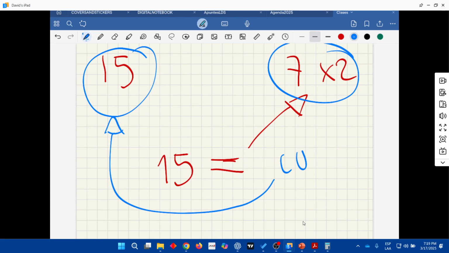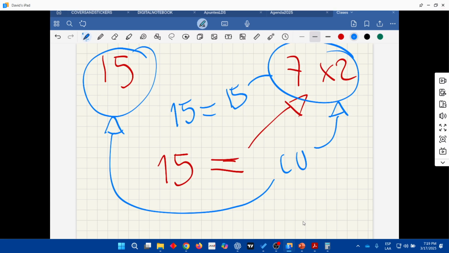Why? Because you type 15 first. Then you are going to multiply those numbers 7 times 2. So the control unit knows that this is the second activity that the computer is going to execute. Then you are going to compare if 15 is equal to this multiplication result.